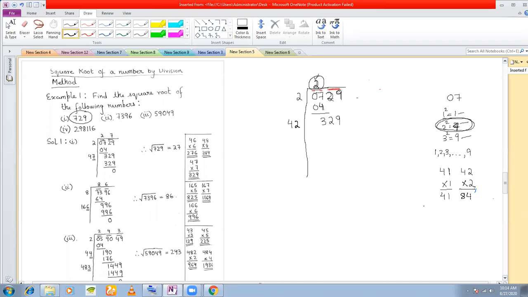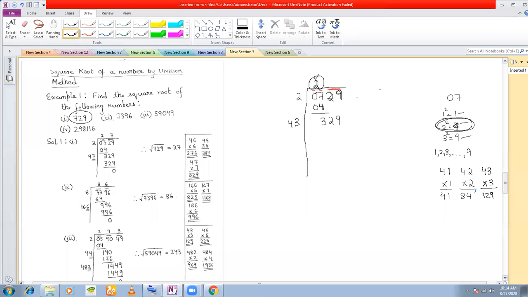You get 84. Again 84 is much less. So we'll place another digit, say 3. With the number 43 formed, we multiply this with 3. You will get 129. Again 129 is much less than 329.